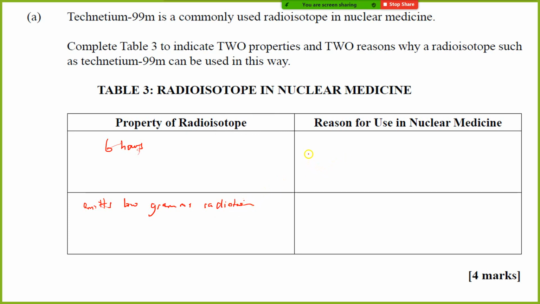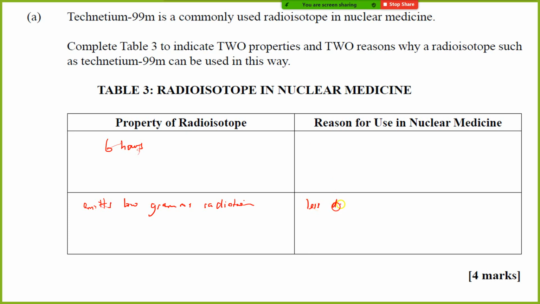And then for the reasons: having a very short half life will get rid of the radioactive substance out of the body very quickly, which will reduce the chances of damage to the body, or even causing harm to the body. Then a similar thing applies to the fact that it emits low gamma radiation, so less damage to the cell, right?